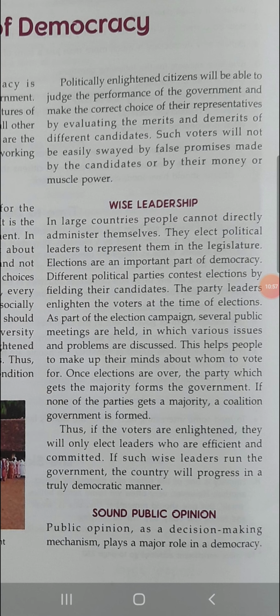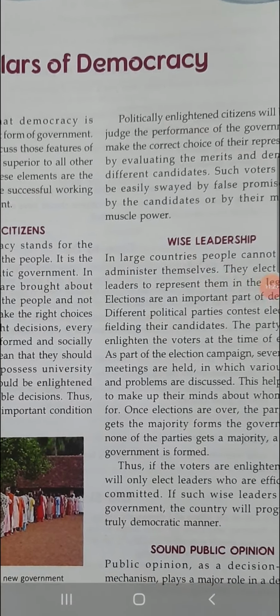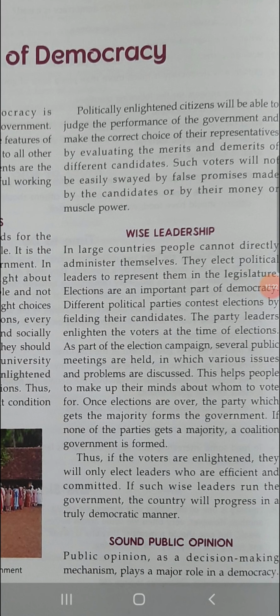If we decide wisely, then obviously the leaders will also be wise leaders. A good person will become our representative, and if the leader is wise, then obviously the country will progress in a truly democratic manner. So these are the two points which we have discussed today. One is the enlightened citizen, another one is wise leaders.